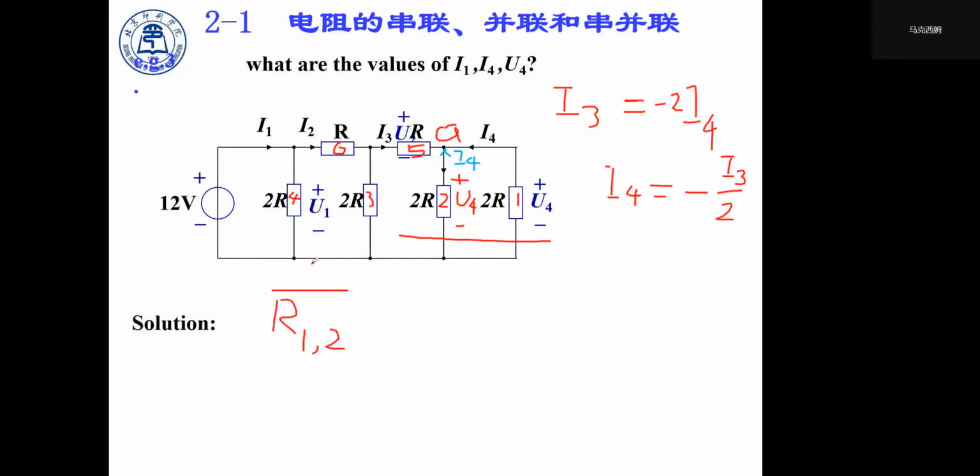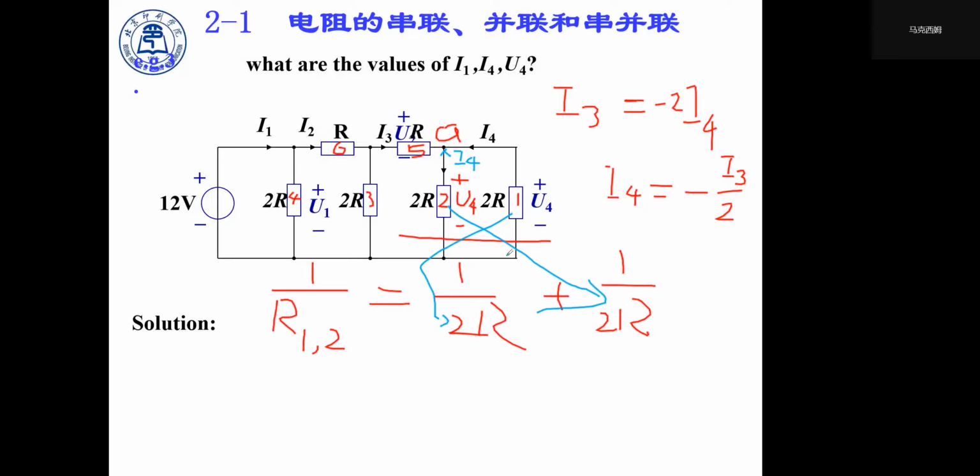So its reciprocal equals the reciprocal of the first resistor, 1 over R, plus 1 over R, resistor 2. Right?